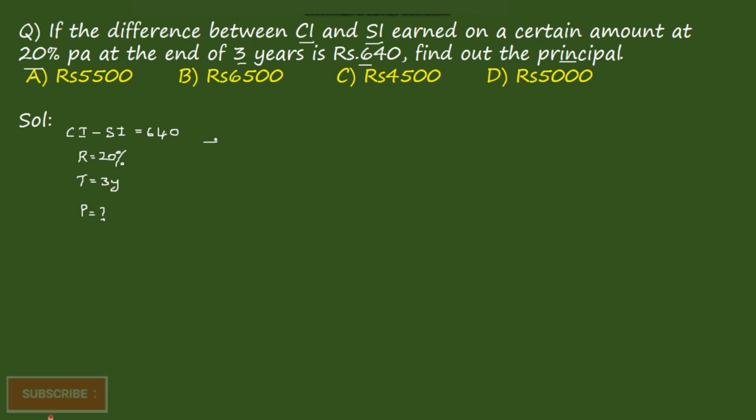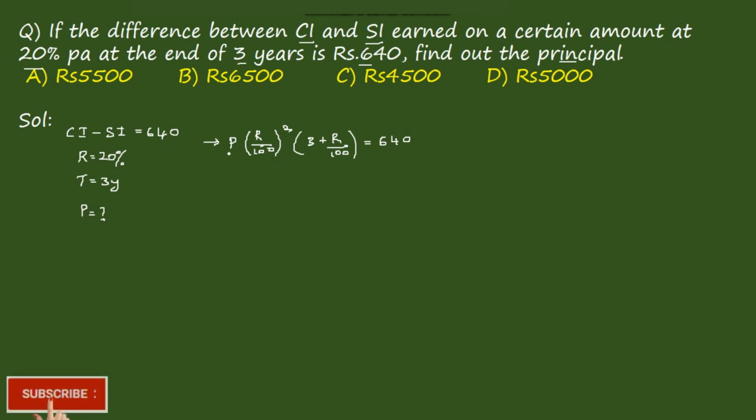But you know the formula for the difference between compound interest and simple interest for 3 years. The formula is P into (R by 100) whole square into (3 plus R by 100), which is equal to 640.